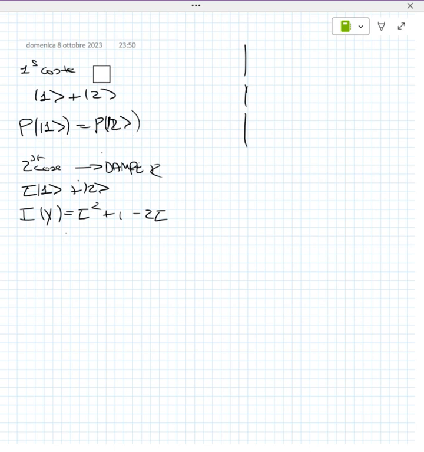So the number of photons is correlated with probability.